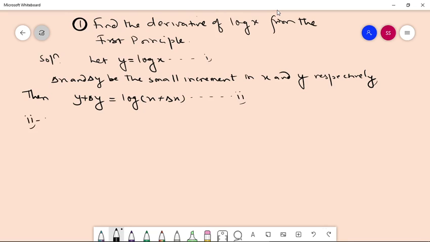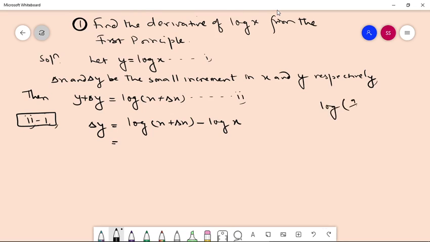Equation second minus first, then we get del y equals log(x plus del x) minus log x. As we have discussed, log a by b equals log a minus log b.